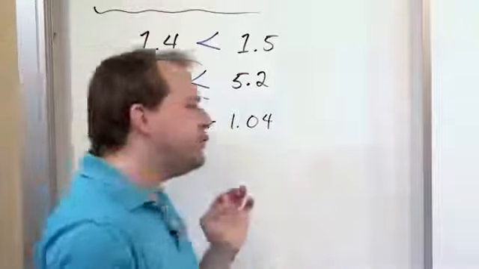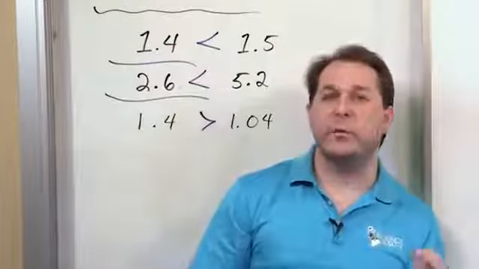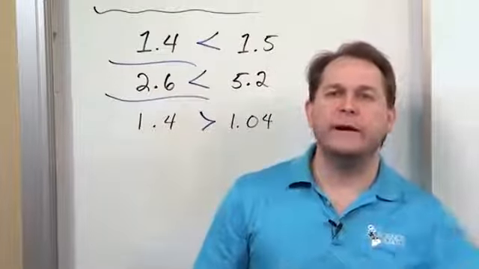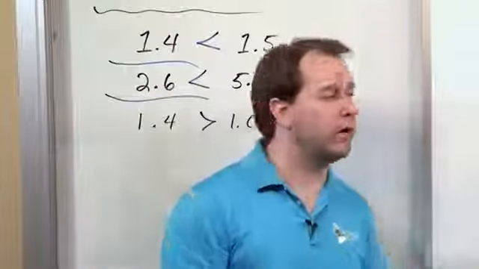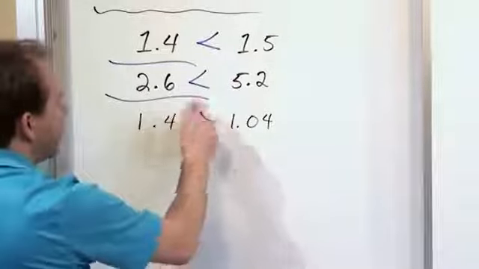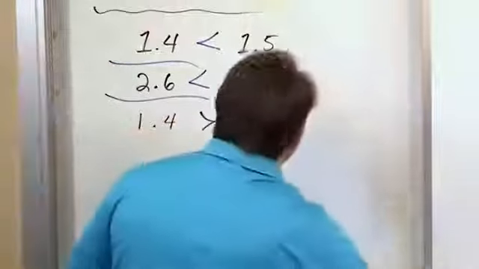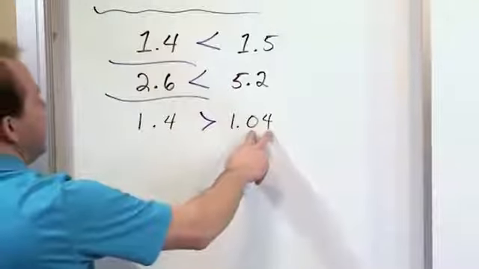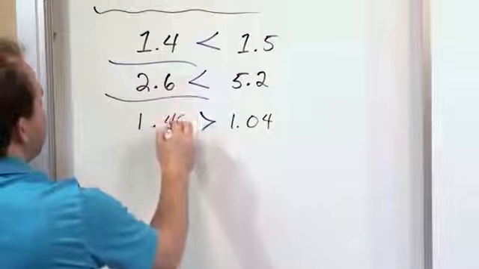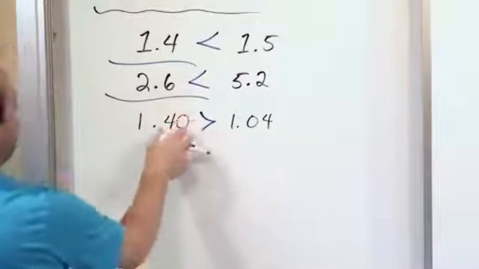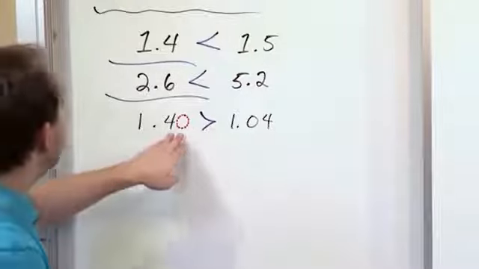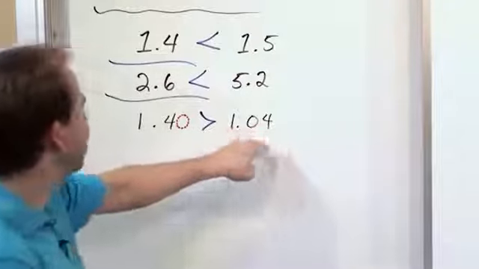Right? Another way that you can kind of think about this is, after a decimal point, you can put as many zeros at the end of these numbers as you want to. So after a decimal point, I can put as many zeros here as I need to help me visualize. So since I have 2 digits after the decimal here and only 1 over here, I can always add a little invisible 0 after the numbers that are after the decimal point. So here I have 2 digits after the decimal and 2 digits after the decimal.